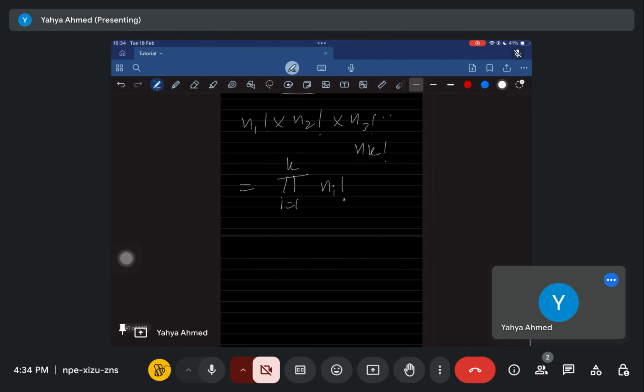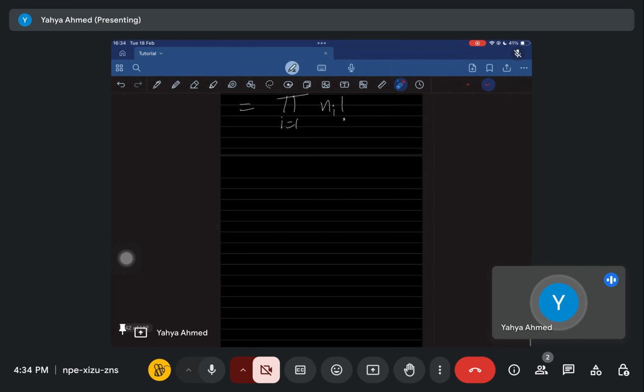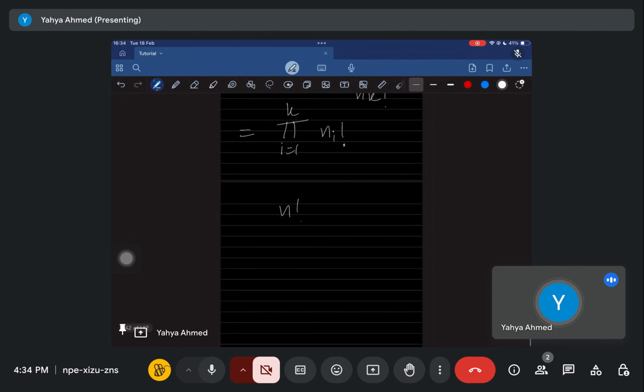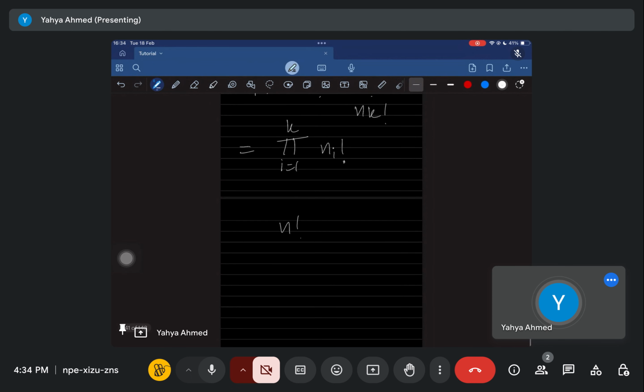So this is basically for i till k, multiplying all of the values of ni factorial: n1 factorial, n2 factorial, n3 factorial, all the way up till nk factorial. So the total permutations in our n size array, even if it has repetitions, is n factorial. And for any given permutation, we have exactly this many repetitions of that permutation.